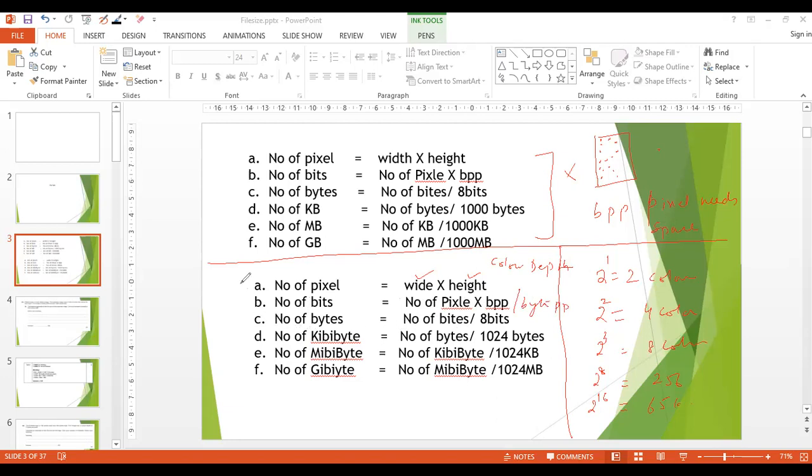This is the first step, this is the second step. Third step, you have to calculate the number of bytes, so divide the number of bits by 8. It will convert into bytes. Then to get the number of kilobytes, divide the number of bytes by 1024. To get the number of megabytes, divide the number of kilobytes by 1024. And to get the number of gigabytes, divide the number of megabytes by 1024.